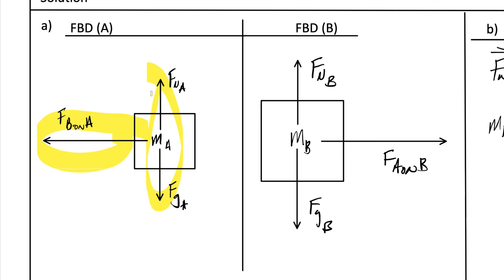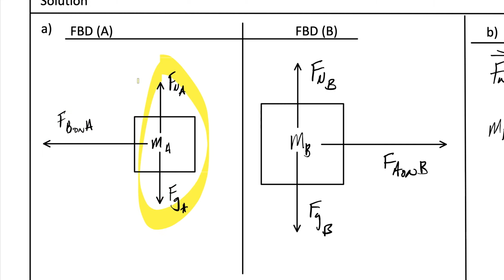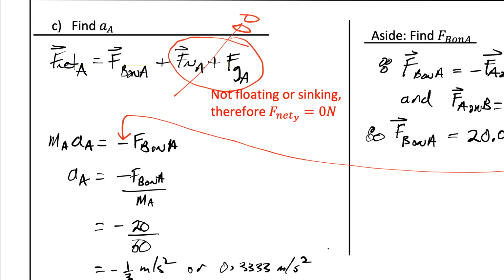In normal circumstances, we'd have to use the component method and solve it with a more in-depth procedure. However, the good news is that our y components cancel out, so they don't actually contribute to the overall net force. So once again, the normal and the weight cancel each other out because it is not floating or sinking. Therefore, the y component is 0 newtons.